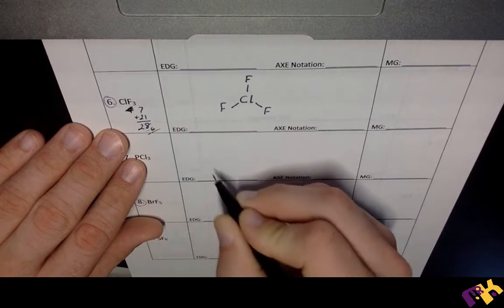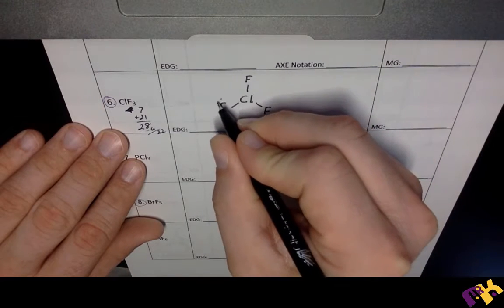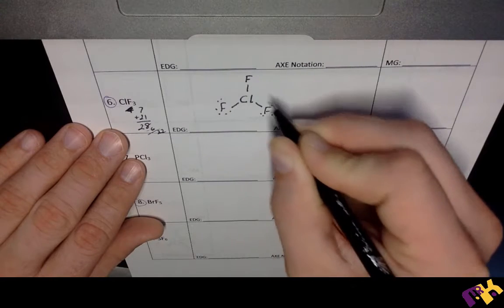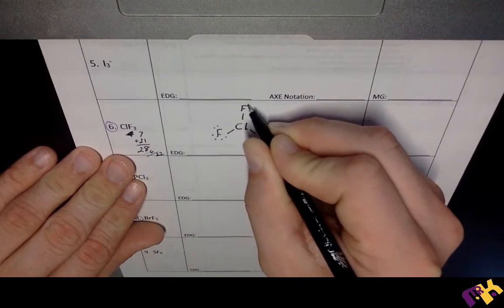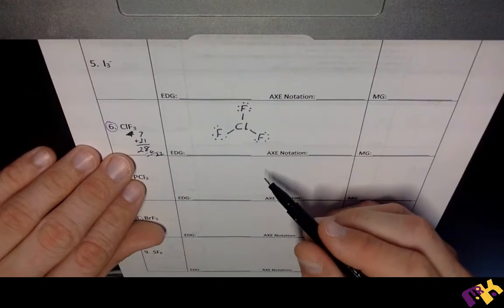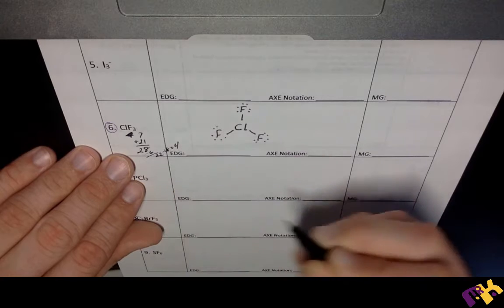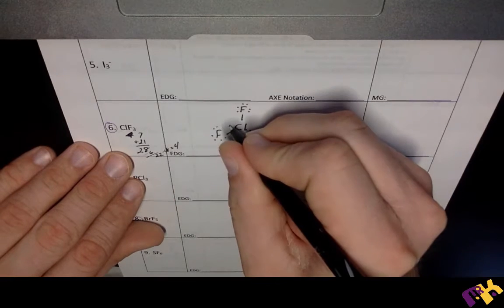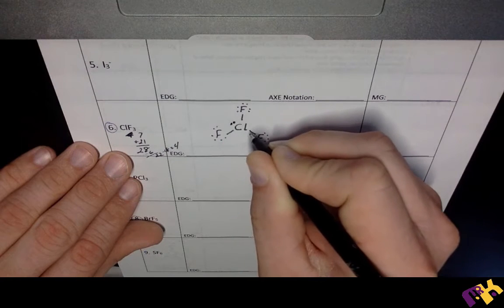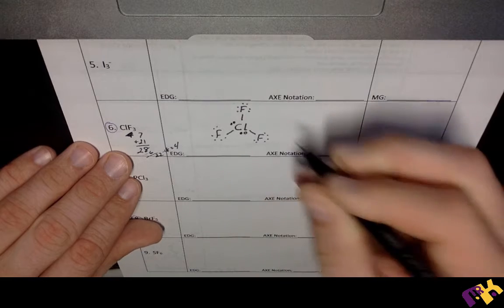So minus 6 from bonding, that's 22 left. We're going to place 1, 2, 3, 4, 5, 6 dots around each of these fluorines to give them the octet that they need. That uses 18 electrons, and 4 remain. Those 4 will go onto the central atom. So we'll put a lone pair there, and let's put a lone pair down here.